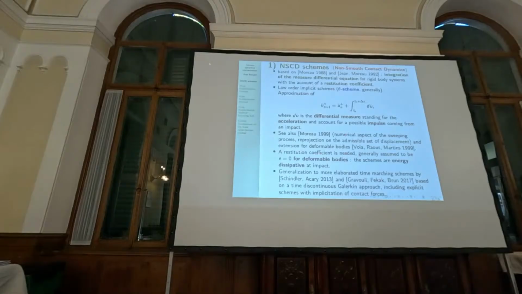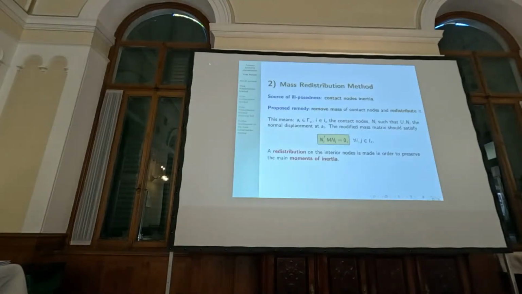But of course, for deformable bodies, it is generally assumed that e equal to 0, because otherwise you generally have some instabilities. And of course, you are energy dissipative in that sense. There is a lot of work which has been done in that framework, of course.